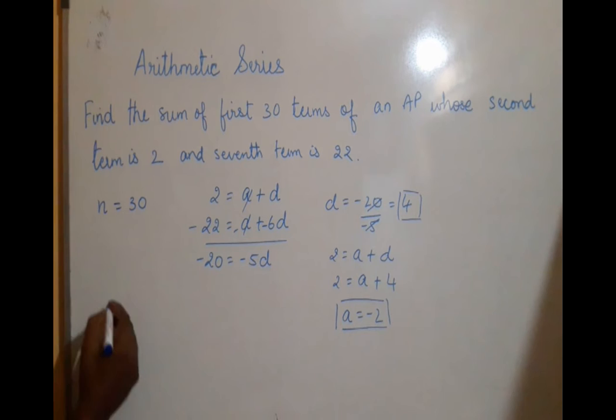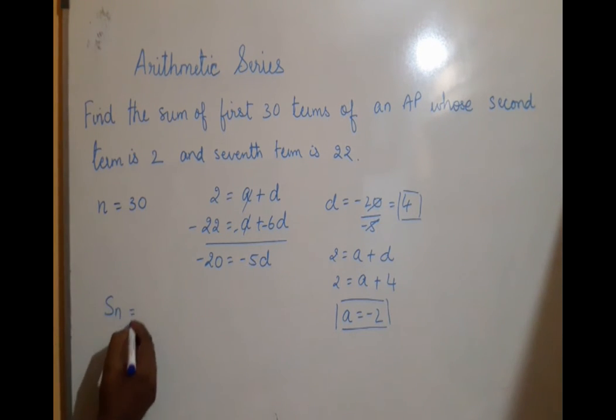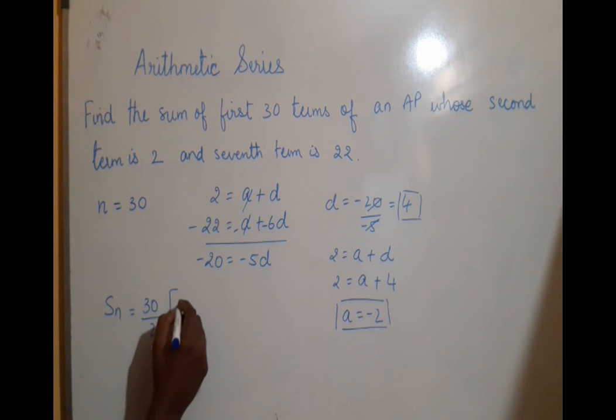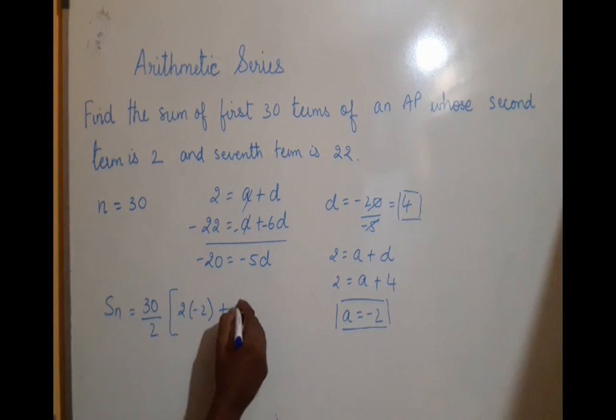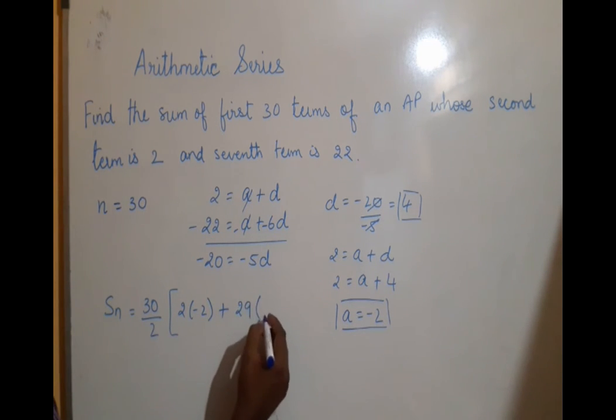So the sum of the 30 terms is 30 upon 2, that is n upon 2, 2A plus n minus 1, so 30 minus 1 is 29D. D is 4.